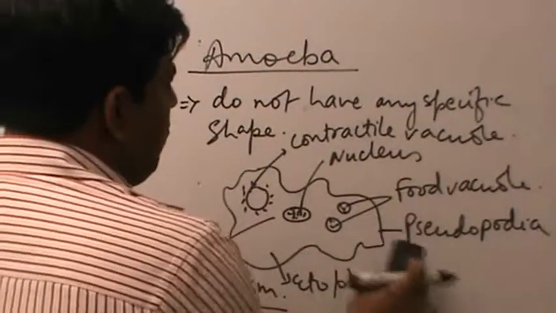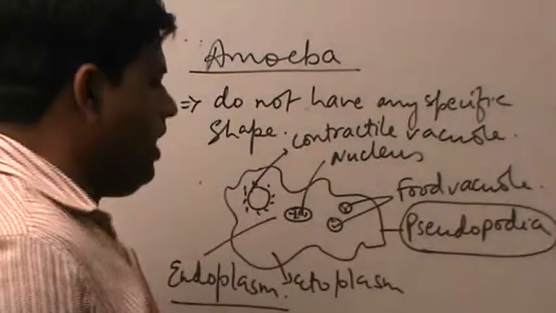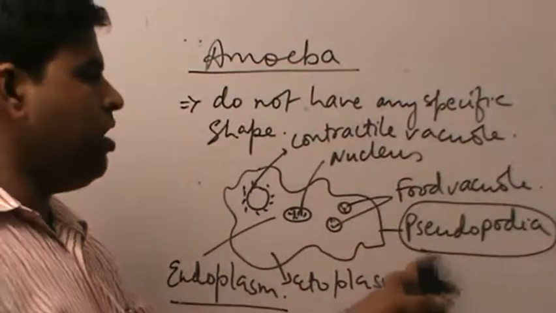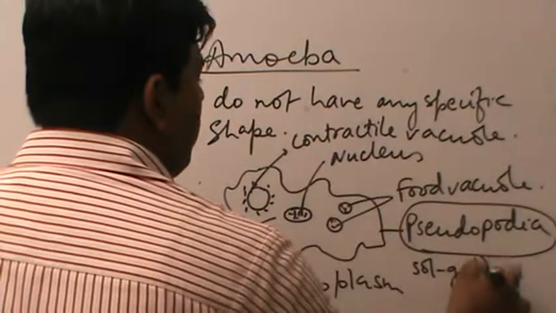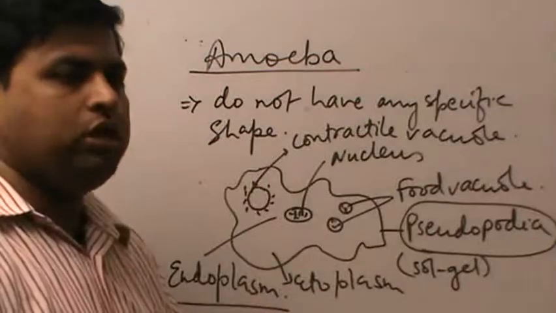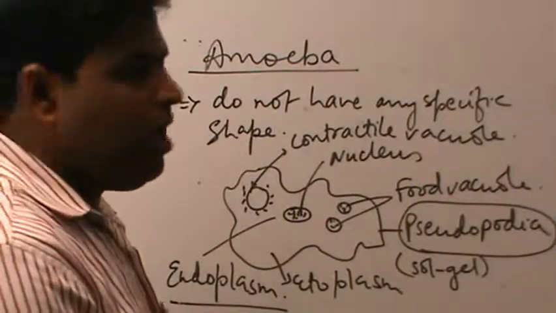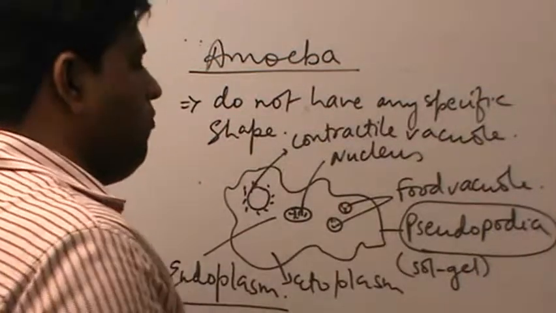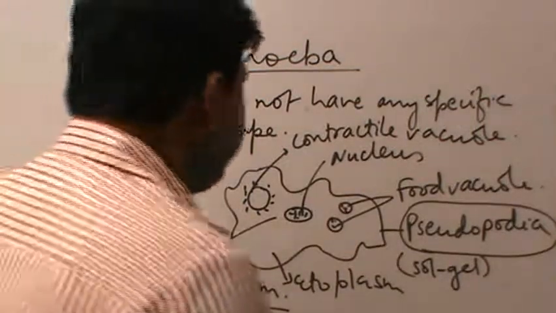It can be modulated into different shapes according to its need. The pseudopodia, that is false legs, help it locomote due to the sol-gel hypothesis, that is, gel converts into sol and sol converts into gel to form pseudopodia. With the help of pseudopodia it can change its position, capture food or serve any other purpose.